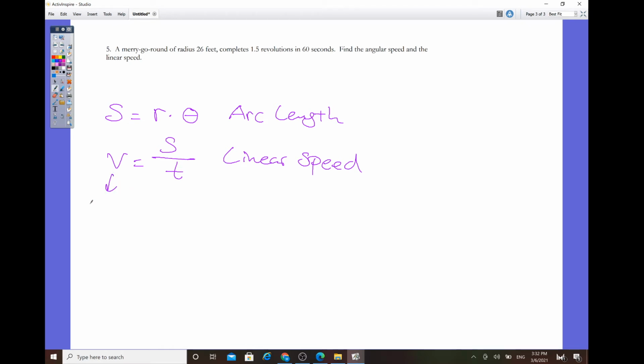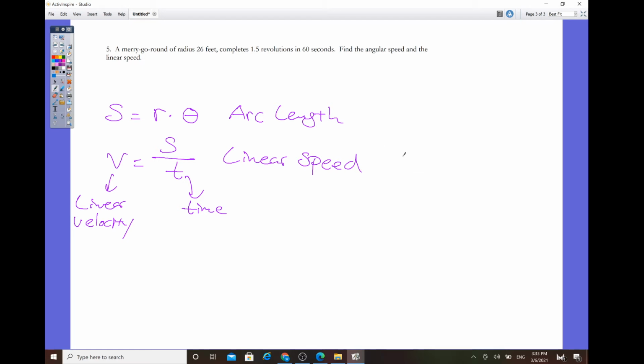So V, what does that stand for? The linear speed, or the linear velocity. You might be wondering, speed, that's just one direction. It's always positive. But it could be linear velocity. And then S, which is the arc length, and T, which is the time. So the way to calculate it, meters per second, or miles per hour, things like that.